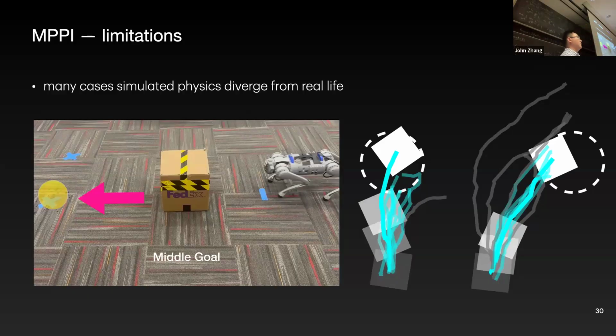If we were to use ILC, would the policy learn the friction dynamics as well? I haven't thought about ILC in the context of MPPI. Potentially.